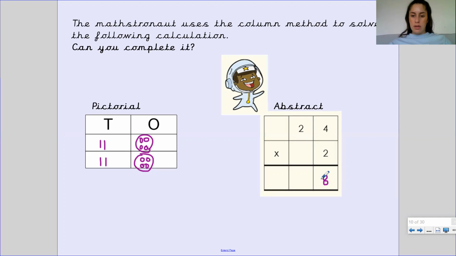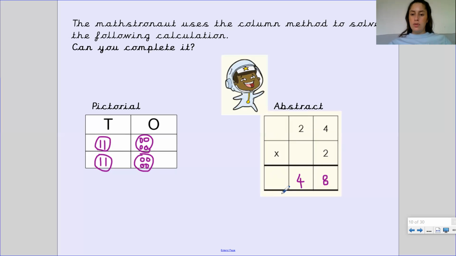And then what we would need to do is count all the tens together. So you have 2 lots of 2 10 sticks, or 2 times 20. And if we look here, again, we need 2 lots of the tens. So 2 times 2 tens gives us how many tens? 4 tens, which I write in the tens column.